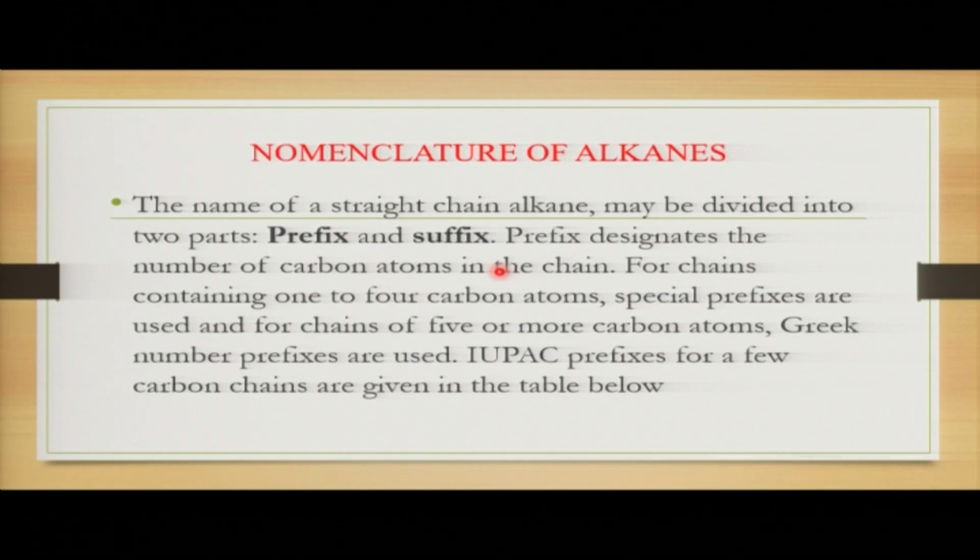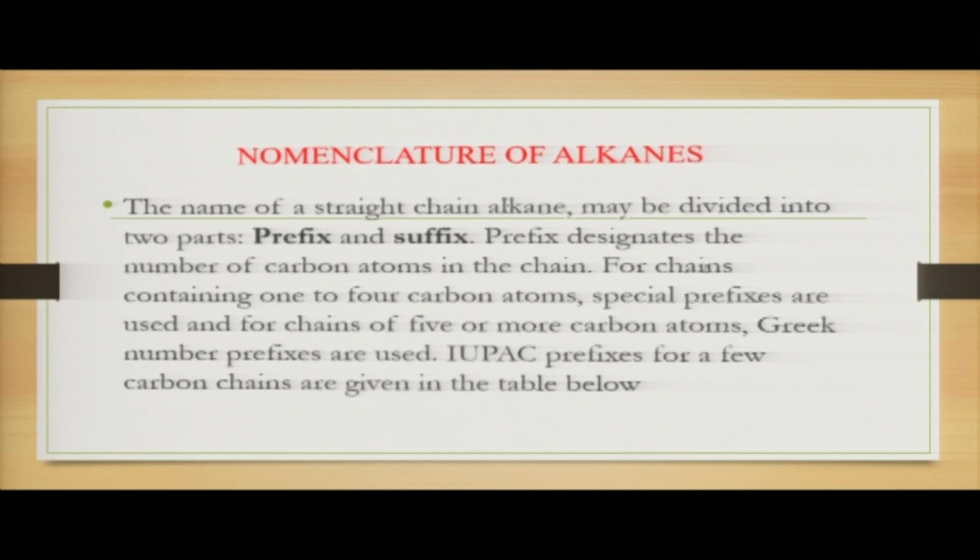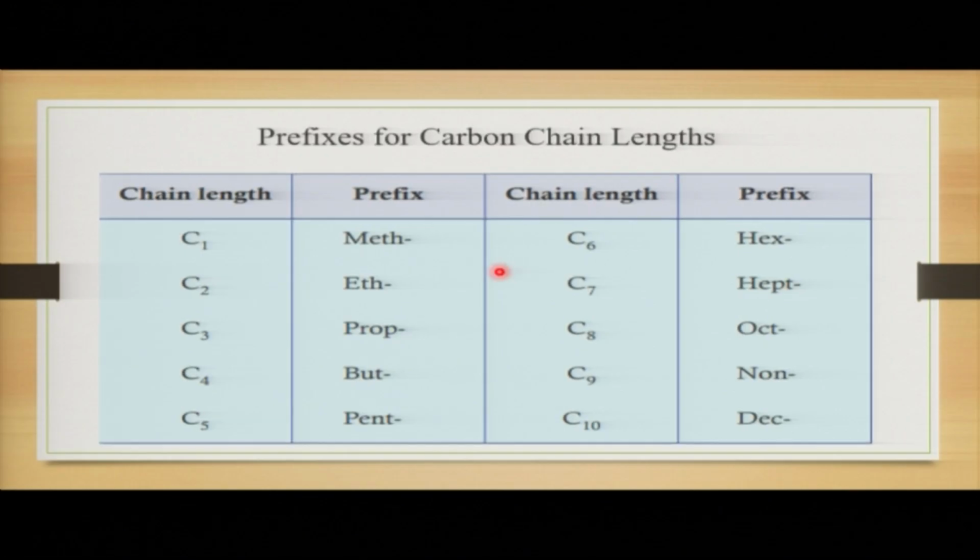So we use the prefix. We are just going to look at these 2 terms, starting with the prefix. We have the chain lengths, that is, the number of carbon atoms. Just look at the screen. Carbon number 1, that is when n is equal to 1.